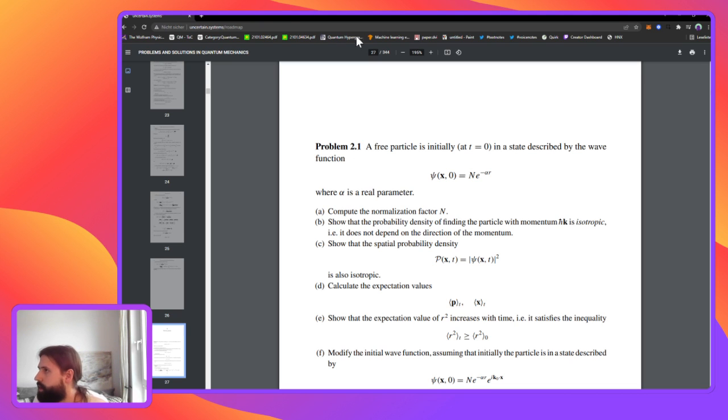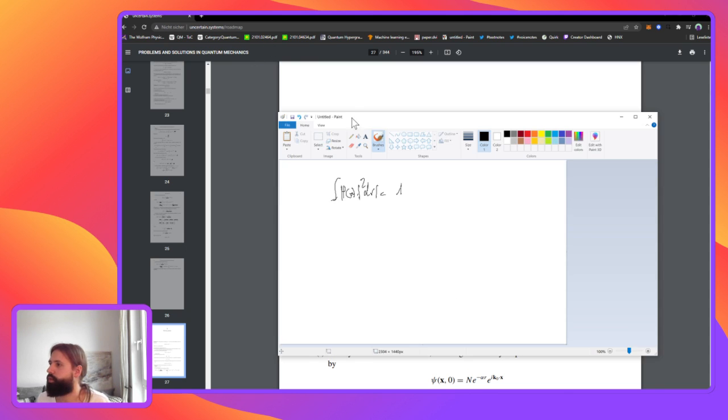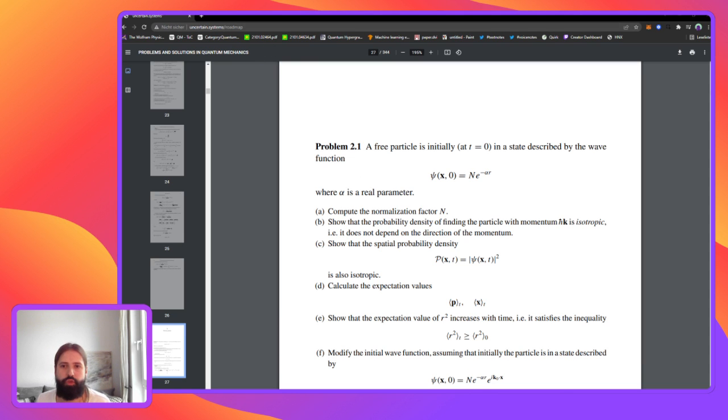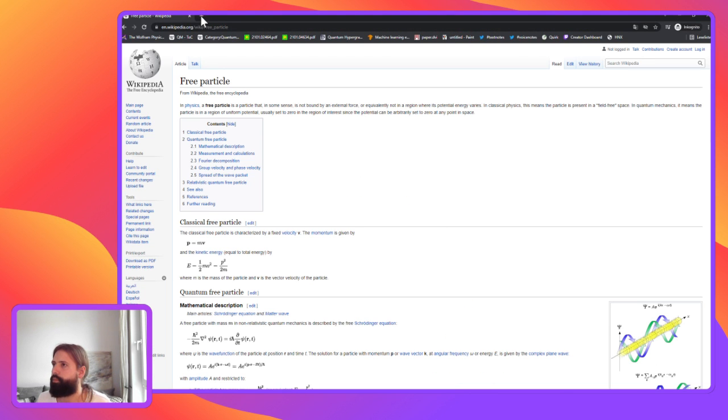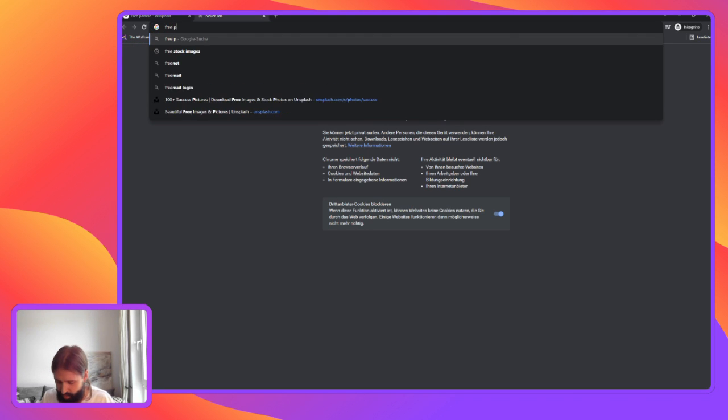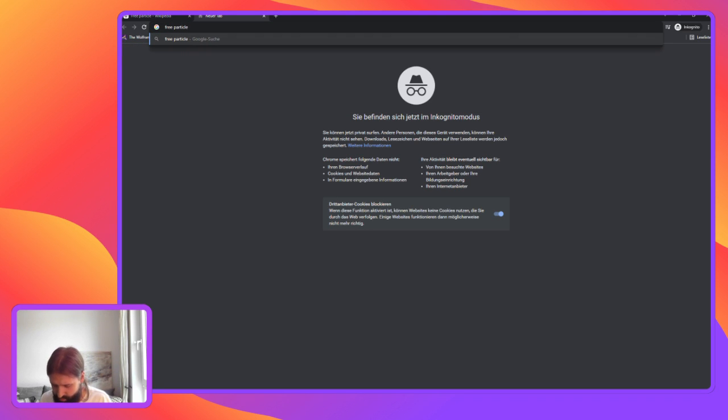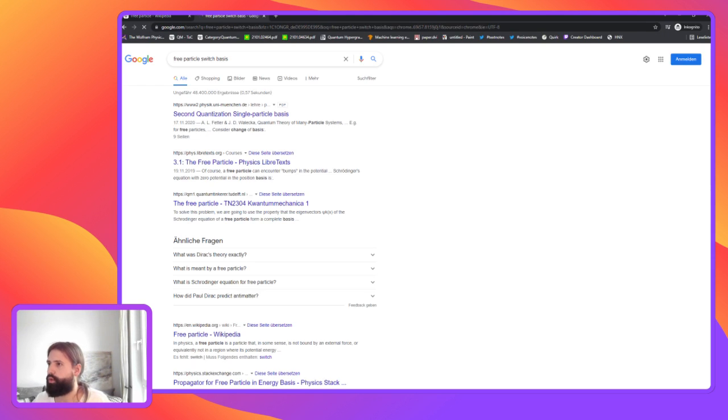But how do we do this? Just quickly, how do we switch basis for a free particle?